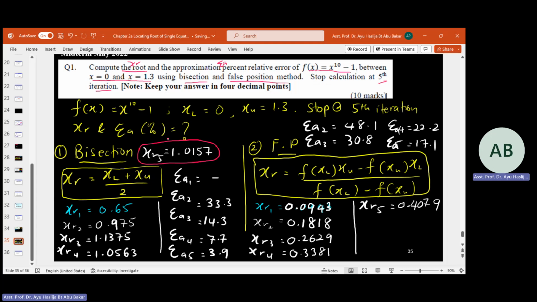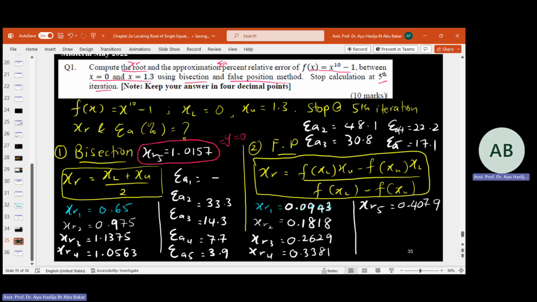Because for the root, XR is when Y equals 0. If you can get 0, then your answer is correct. 0 here means if you get 0.000 something, consider it 0 as well. If you get clearly 0.5, that is not considered 0 yet.